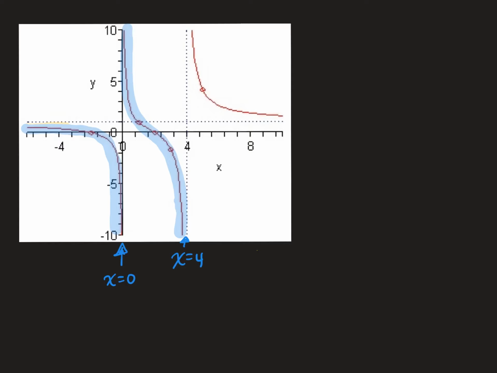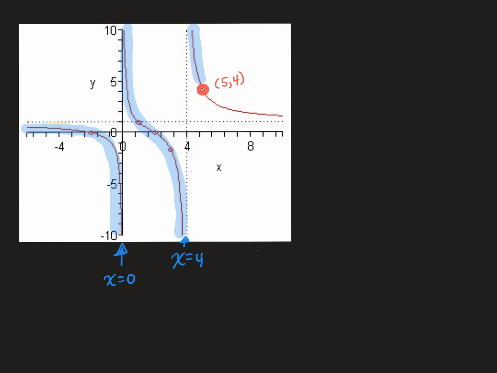And I promise I'm getting to actually write the domain here in just a second. And then again, I could pick up my pencil. Now I do want to address, we're going to pretend like that's a hole in the graph right there. Looks like it's at the point maybe (5, 4). All right. So as I pick up my pencil and I start tracing again, here's where I pick up.